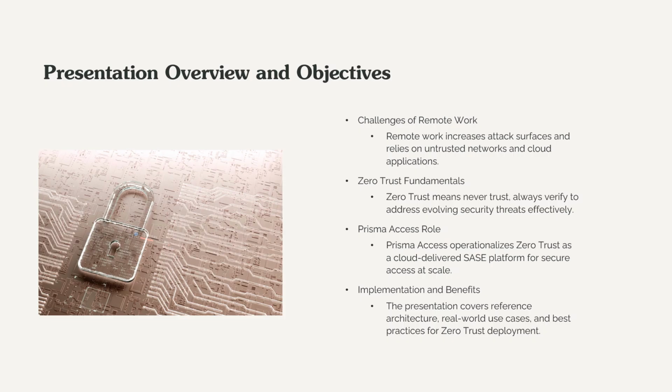Prisma Access role. Prisma Access operationalizes zero trust as a cloud delivered SaaS platform for secure access at scale. Implementation and benefits. The presentation covers references, architecture, real world use cases, and best practices for zero trust deployment.